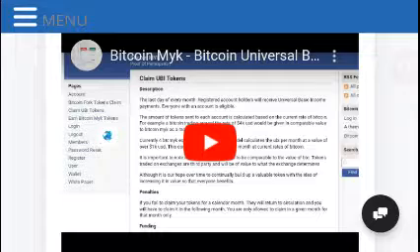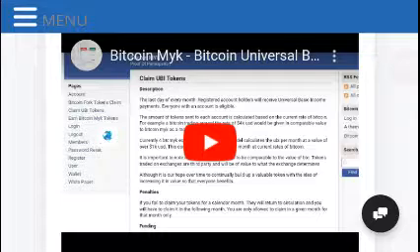This is based on the Bitcoin ledger. The entire Bitcoin network already has a certain amount of Bitcoin MYK tokens. When they claim them, they now have possession of these tokens, and they can do things with them they can't quite do with Bitcoin that we think is going to be appealing to Bitcoin holders.